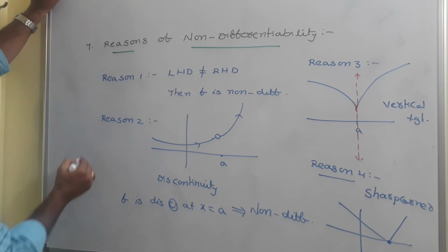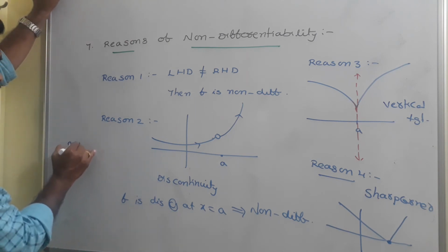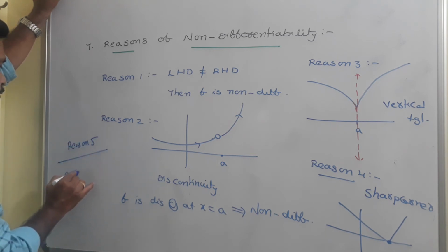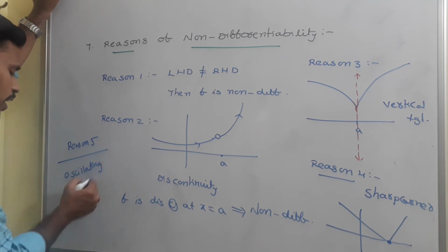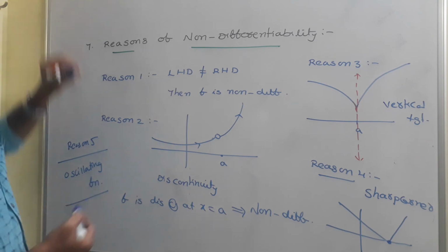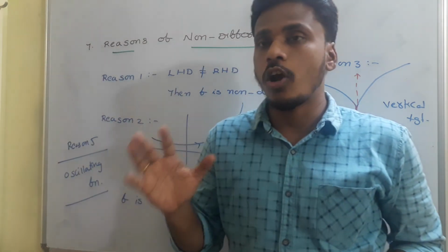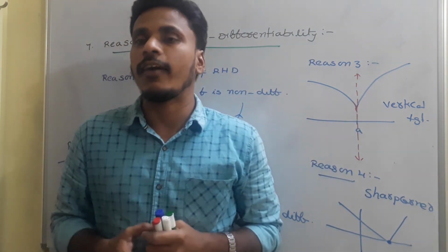And reason 5. Continuity we already discussed. In the same way, reason 5 is oscillating functions. If the graph of the function is oscillating, then those types of oscillating functions are also non-differentiable. Basically, there are 5 reasons for non-differentiability when you view it from the graph side.